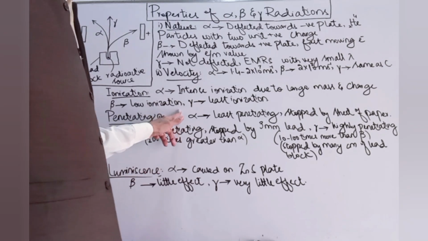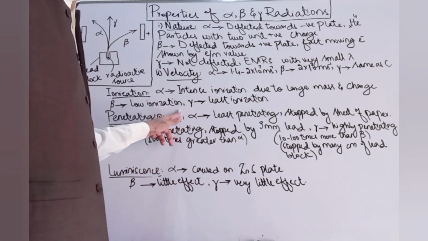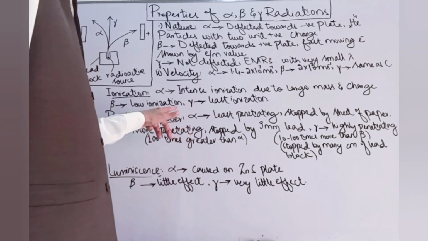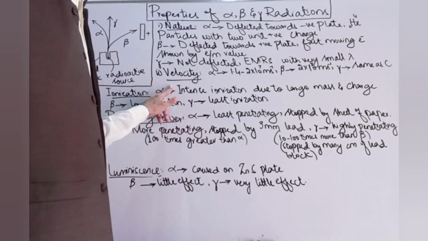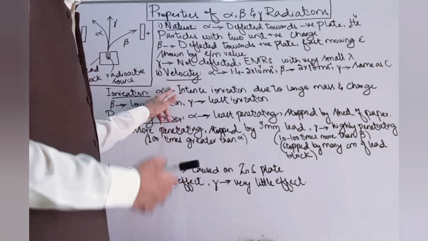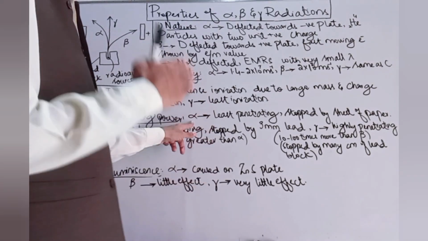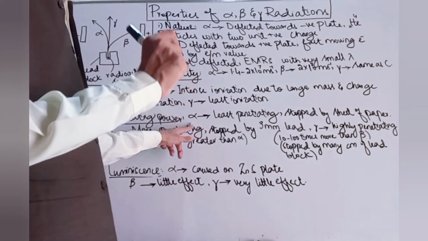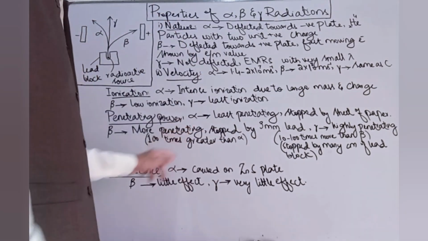So alpha radiations have the least penetrating power. They can be stopped by a sheet of paper, because I have explained earlier that they cause intense ionization. Their mass is greater and their speed is less, so they cause the least penetration and they can be stopped by a thin sheet of paper.